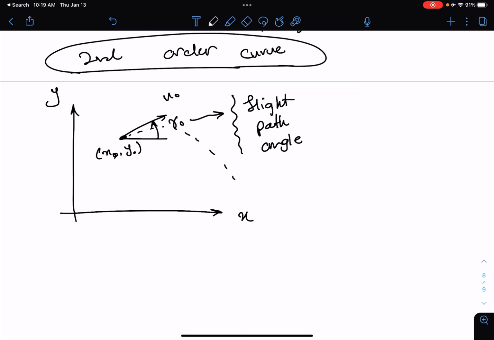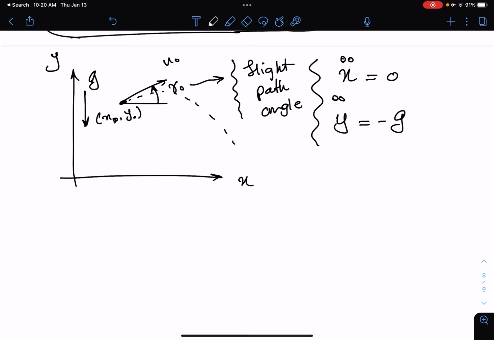So we only have the gravity, which is in this direction. What can we say about the accelerations in different directions? What is the acceleration in the x direction? 0. What is the acceleration in the y direction? Negative g. So using these, how can we find the trajectory? This trajectory simply means the relationship between y and x, just a function. y is a function of x.